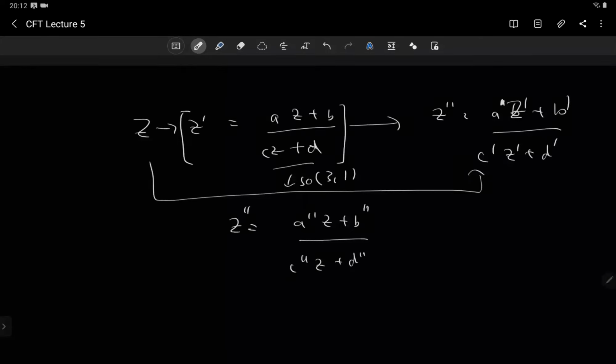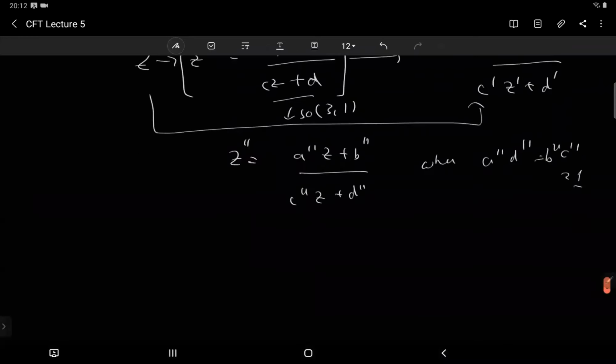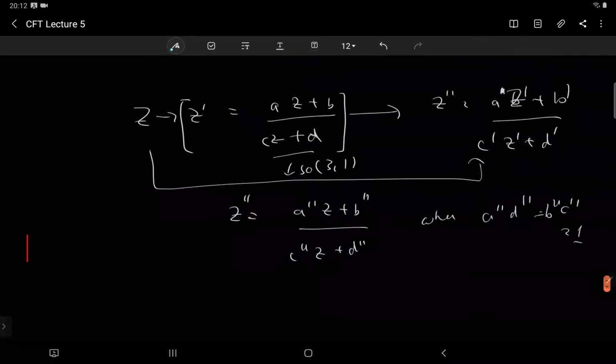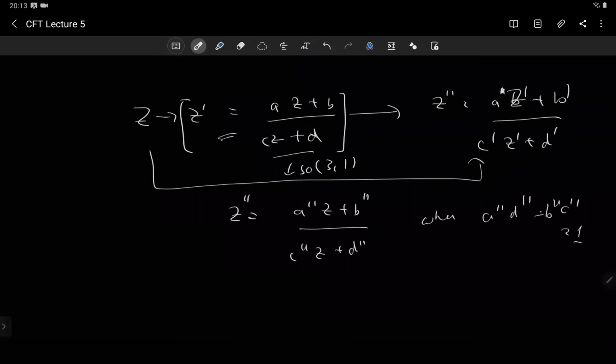If you do two successive ones, it's the same as a single one, where A double prime D double prime minus B double prime C double prime should also be 1. That's what you have to check, and that's easy to check. Just substitute this formula for z prime.